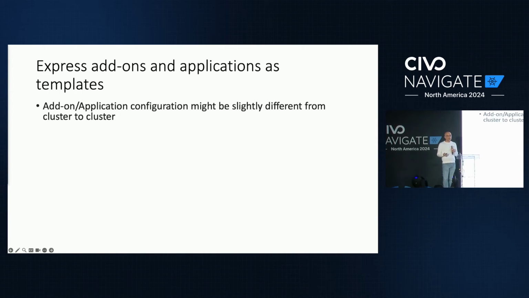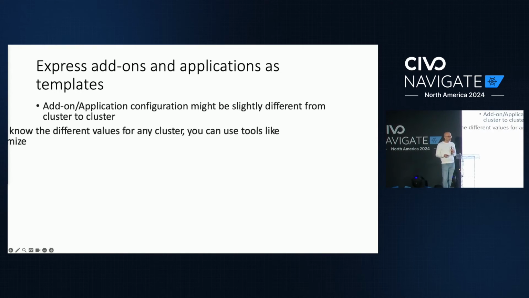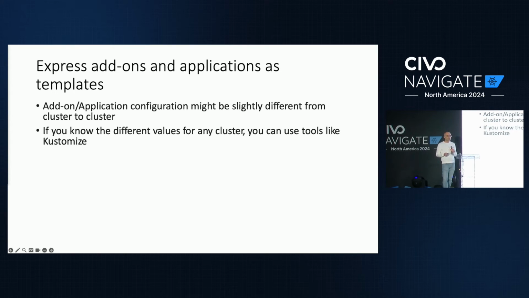Now, in this case, you do have this information up front, and so you can use a tool like Kustomize to deploy the same application with a little bit different configuration in different clusters. And this is an easy use case to solve, but the complex use case is when you do not know those values up front.